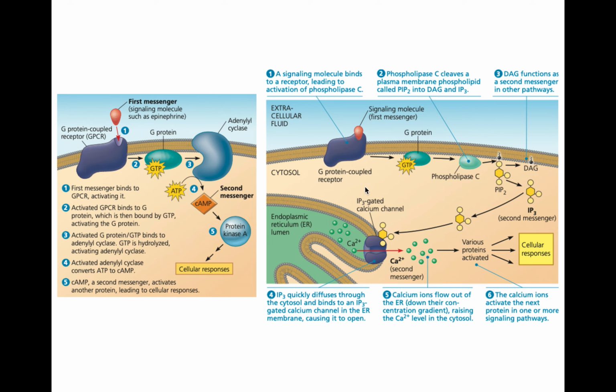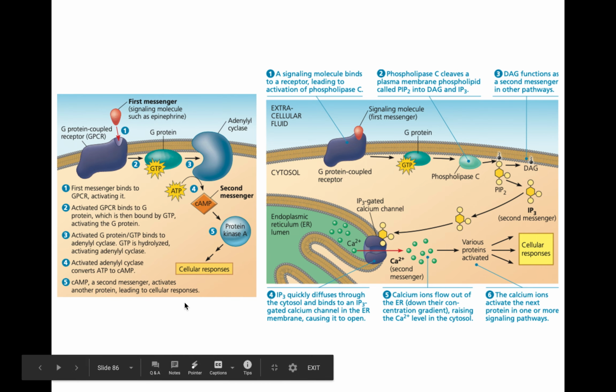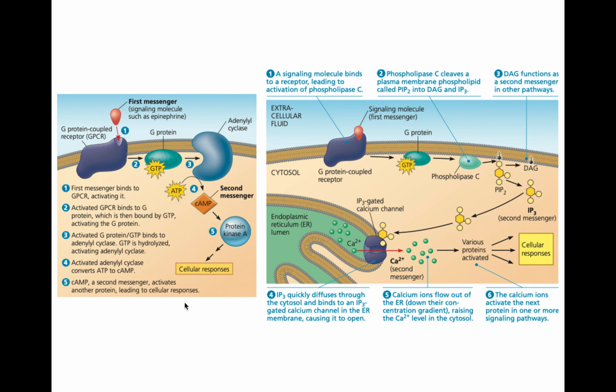Here are some different pathways that these second messengers are involved in. Cyclic AMP can work with G protein coupled receptors. This is a very common, famous second messenger. And remember, these second messengers are small, non-protein molecules that can amplify the signal of some kind of stimulus.